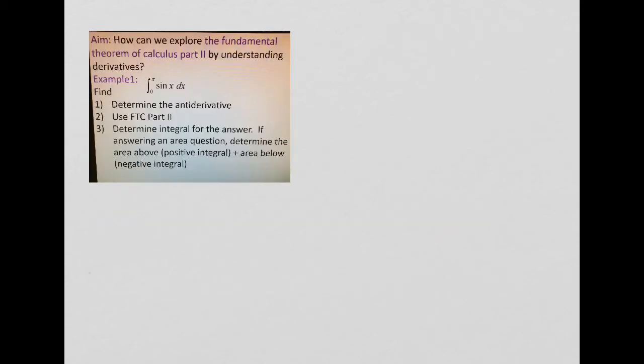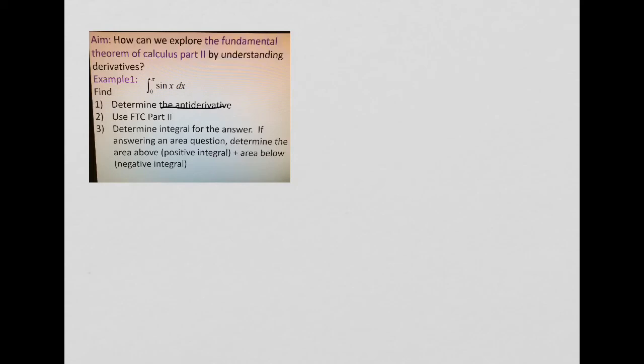Okay, so now that that's all said and done, we have example 1 here, and we're going to do 1, 2, and 3. Step 1, the first thing we need to do, is determine the antiderivative. And when we find the antiderivative, then put the plus c, generalize it.